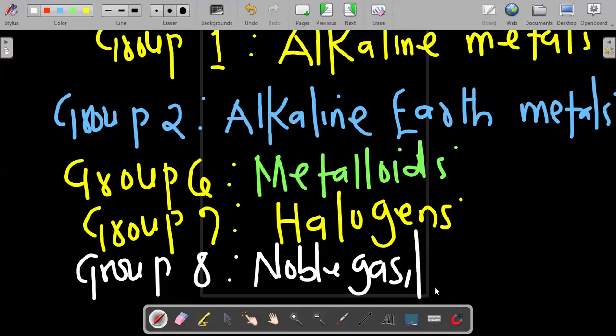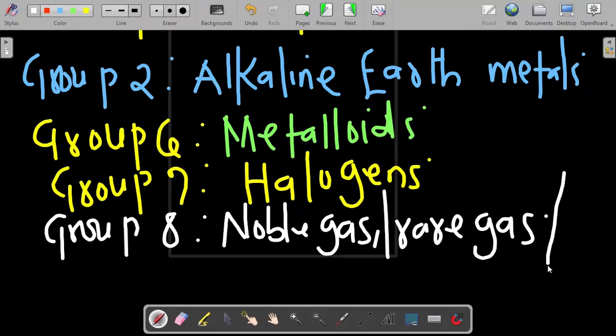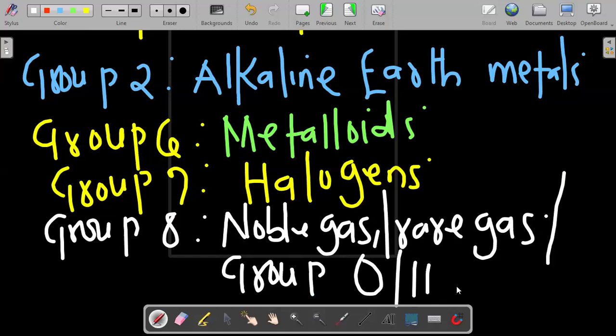Some people call them rare gas. Some people also call them, these are three names. So I could also call them group O, or they also call them inert gas. It has many names. That's how group 8 are called. We call them noble gases, rare gases, group O, or inert.